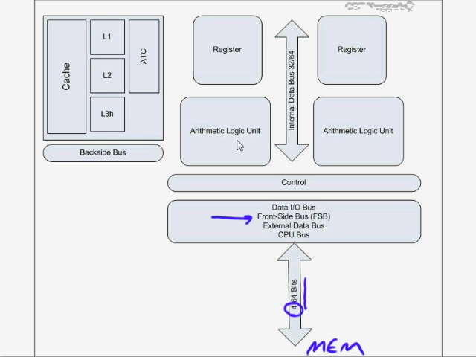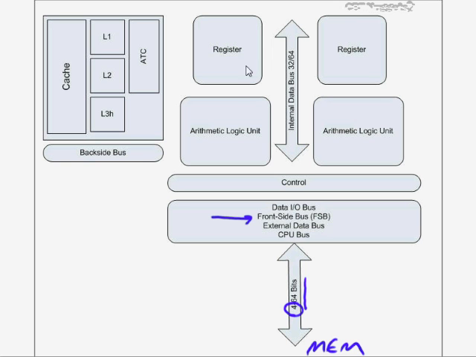Also, by the way, this is a single processor diagram. If you have multi-core processors that have 2, 3, or 4 processors, you can take most of this diagram, at least the top part, and multiply that times 2 for a processor that has 2 cores, or times 4 for one that has 4 cores. Then we also have something here called the internal data bus, or the IDB.